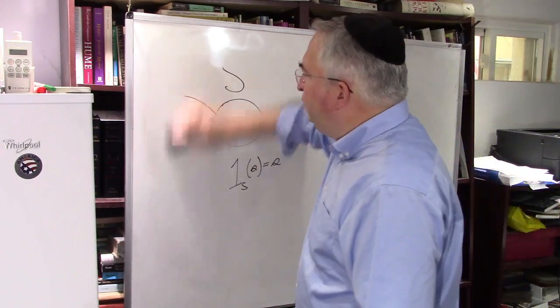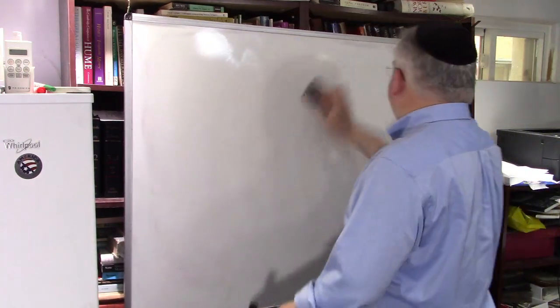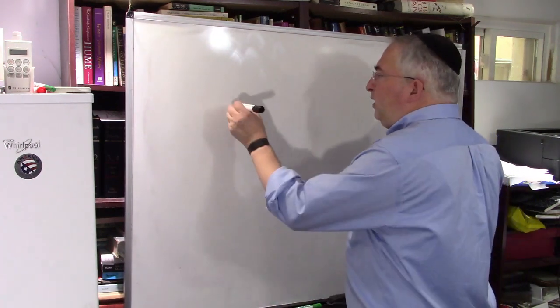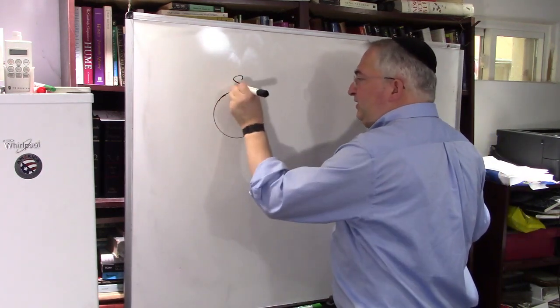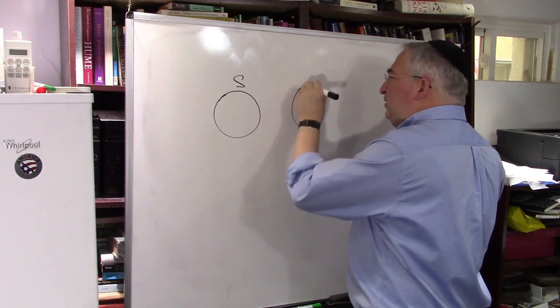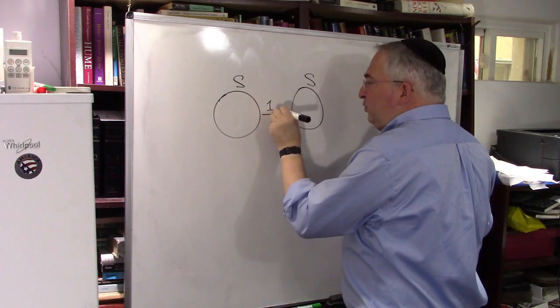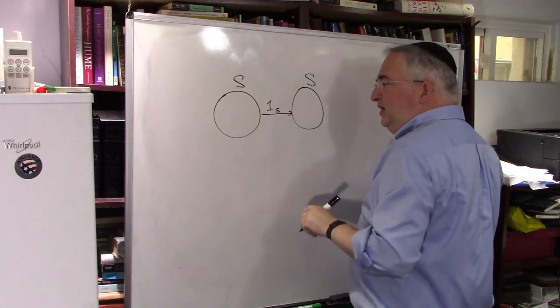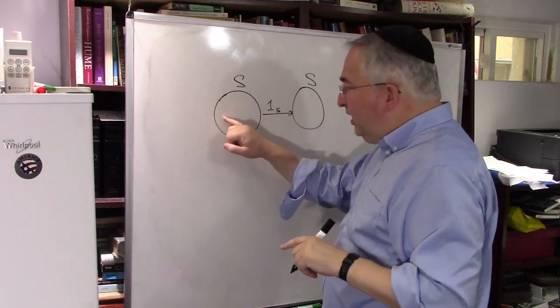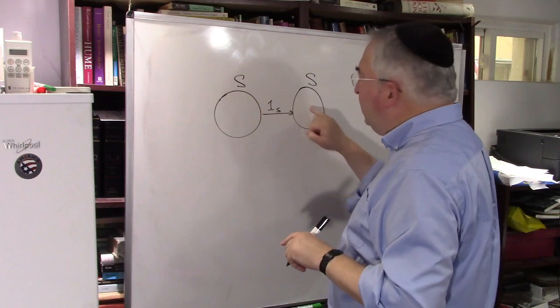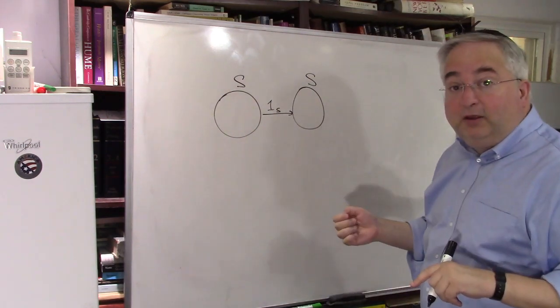Now, I want to show you something cute. Let's say we have a set S, and we write the set S again over here, and we write this as 1 of S. This is the identity on S. This is the stupid function that whatever you input here outputs the same thing.